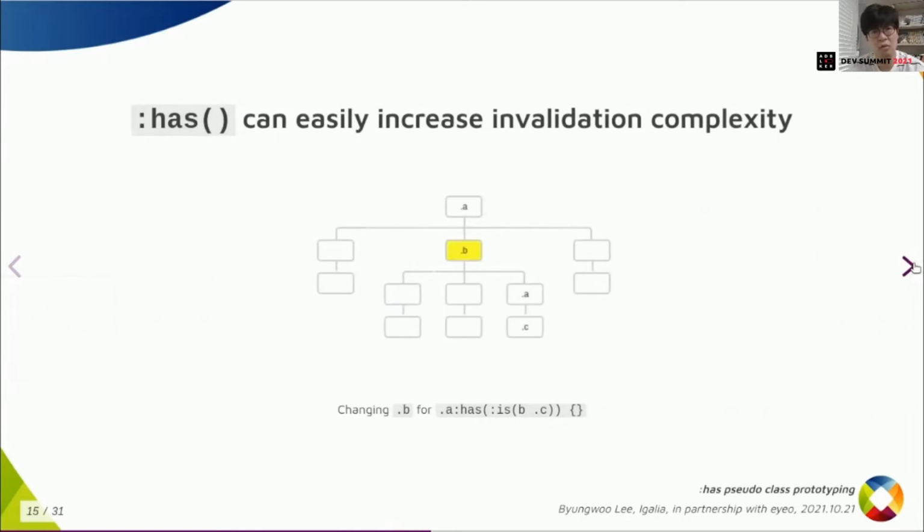And we can easily make complex invalidation cases. So as you can see here, when we use is in has and we have any mutation that affects the is state, we need to traverse downward first to find the elements possibly affected by the is condition, and then we need to traverse upward again to find the elements to be invalidated.